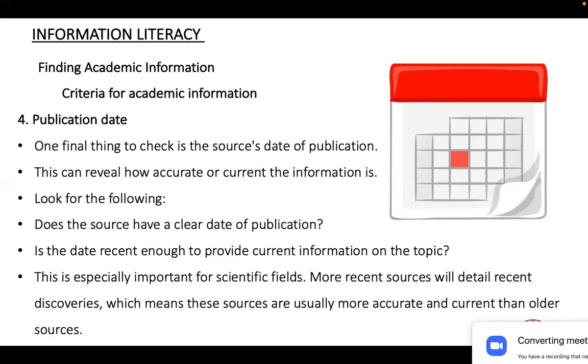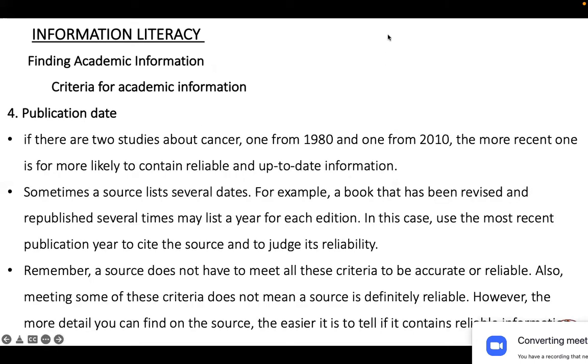As I said about science, more recent sources will detail recent discoveries, and they are more accurate than the older ones. For example, about cancer, one source from 1980 and one from 2010: obviously the more recent one is more likely to contain reliable and up-to-date information.